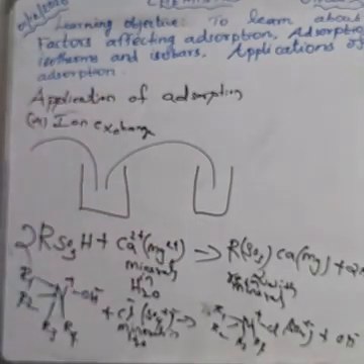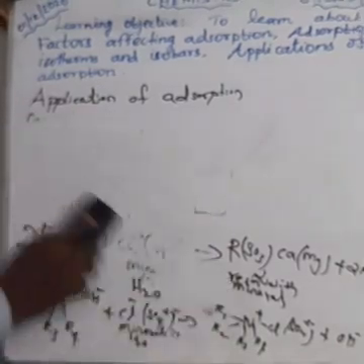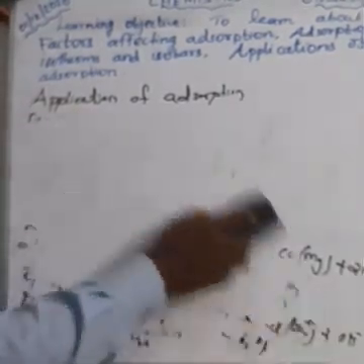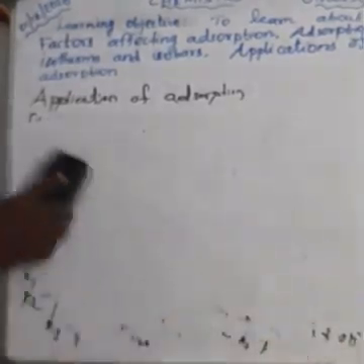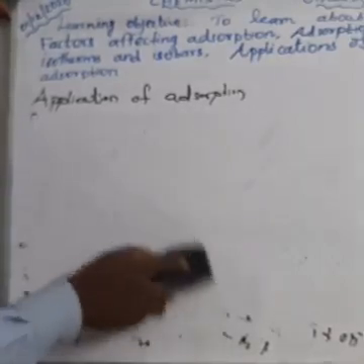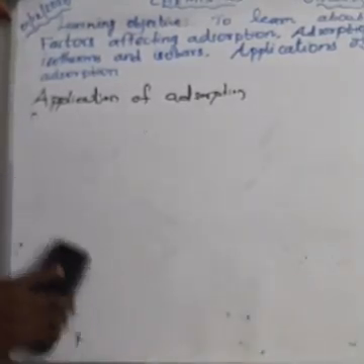And it is exchanging. The third one is petroleum refining and also refining of vegetable oil. The petroleum refining is also based on adsorption. These are all based on adsorption.